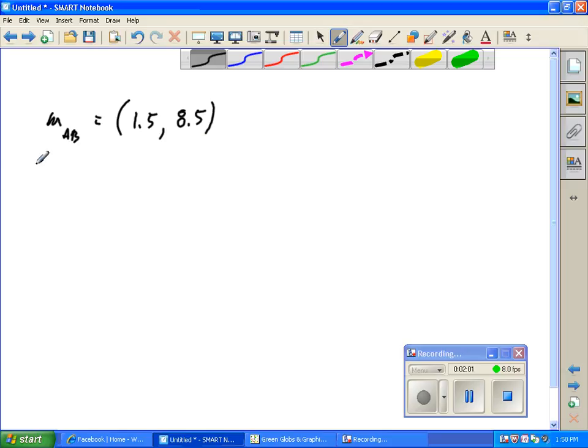And then the equation for AB was negative 1/7 x plus 63 over 7. We needed these two things so that now that we have these 2 points, A and B, here's the midpoint.